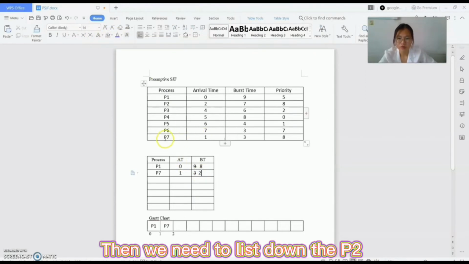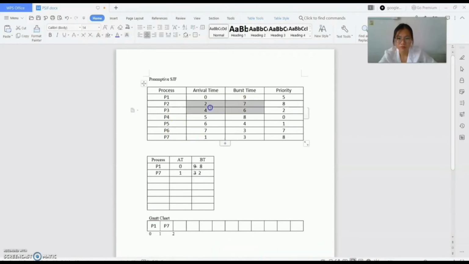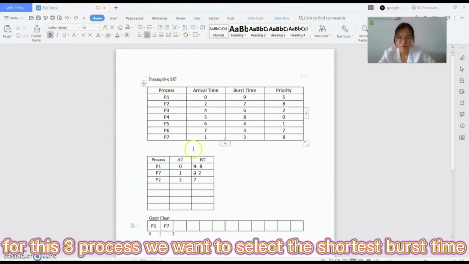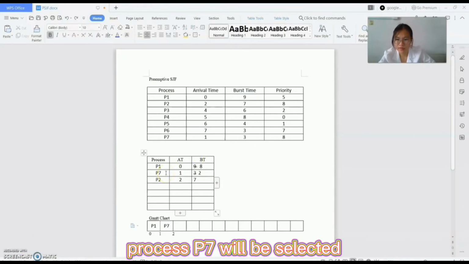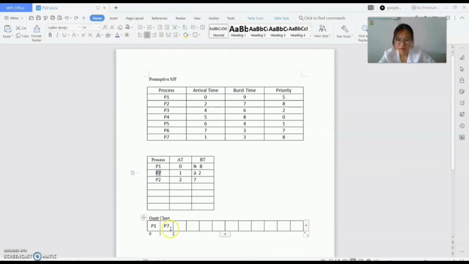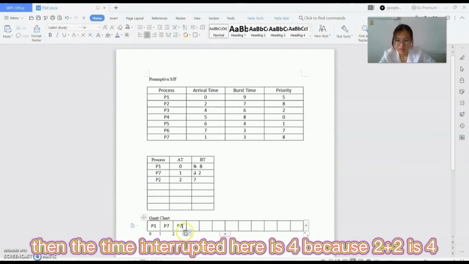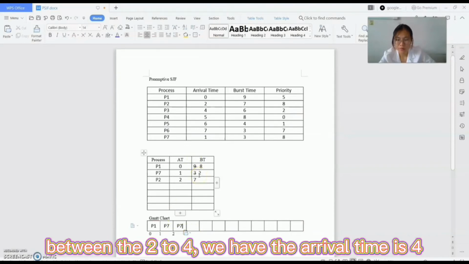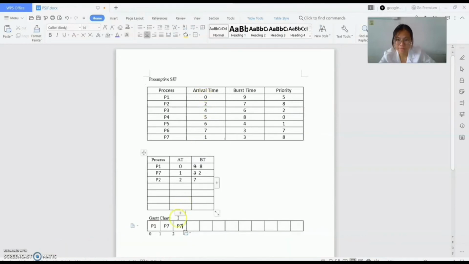And then we need to list down the P3 into the column. For these three processes, we want to select the shorter burst time process. P2 will be selected. Then the time interrupted here is 4, because 2 plus 2 is 4. Between 2 to 4, we have the arrival time is 4.